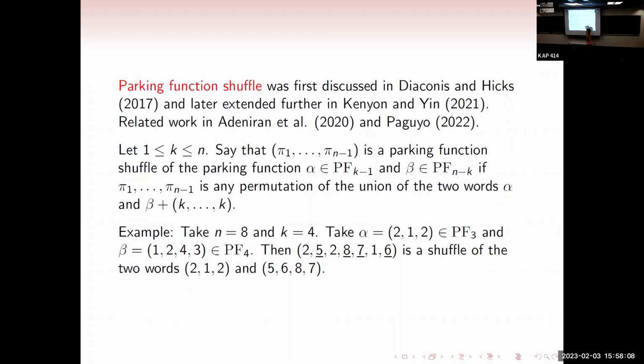And then it's a shuffle of these when I permute the digits in any way I like, but also for the second one, I add 4 to every digit. So 1 plus 4 gives me 5, 2 plus 4 gives me 6, 4 plus 4 gives me 8, and 3 plus 4 gives me 7. I add 4 because those are the cars after that empty spot k. Previously I subtracted k, so now I just add it back. Okay, and this is the shuffle construction. Again, it can be generalized further.